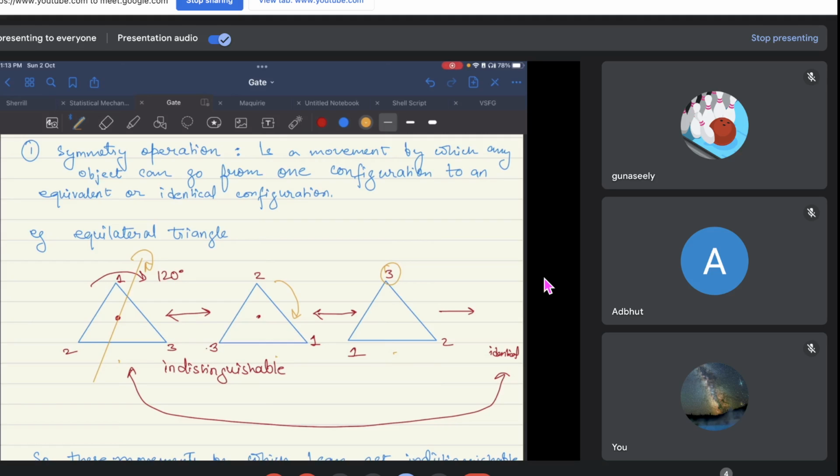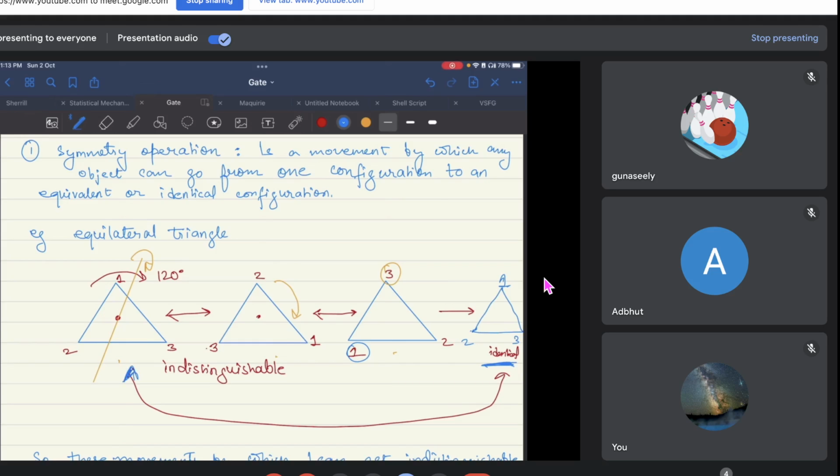Okay, so in the last rotation, this particular equilateral triangle I have not drawn here, my 1 from here will go to the position where it was at the start of the rotation. Okay, so it will be 1, 2 and 3. So this will be identical with the first configuration.